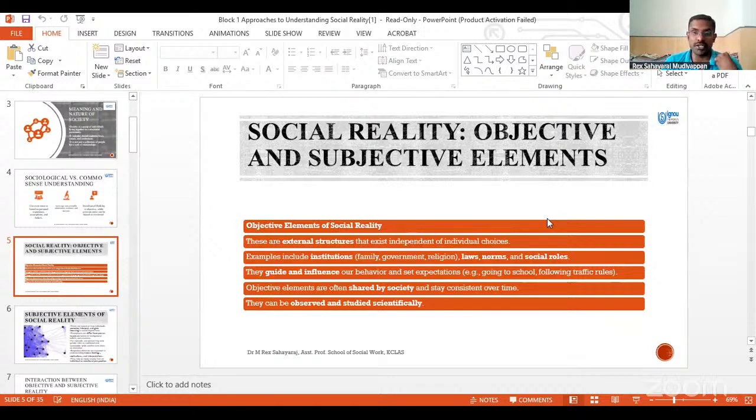As a researcher, as a social scientist, I should move towards objective forms of understanding society rather than subjective ones. When I say subjective, it is more of bias and prejudice. Bias is not only related to negativity, but also positivity.